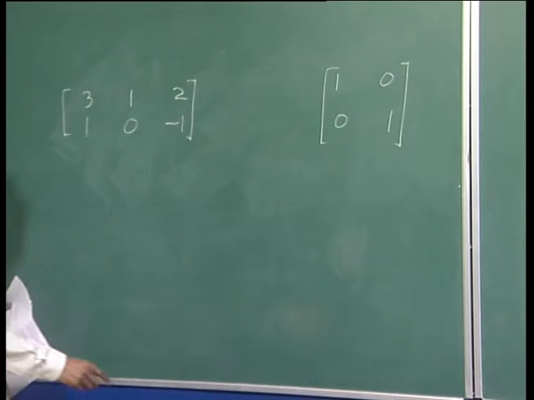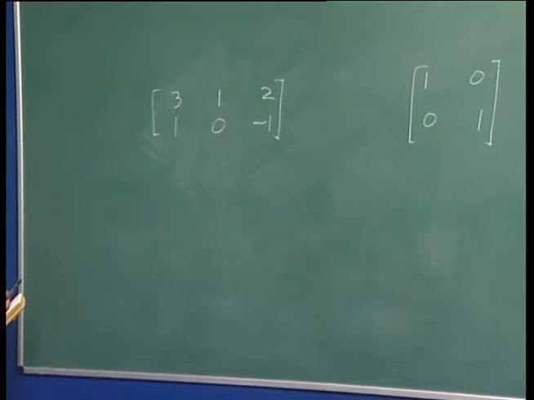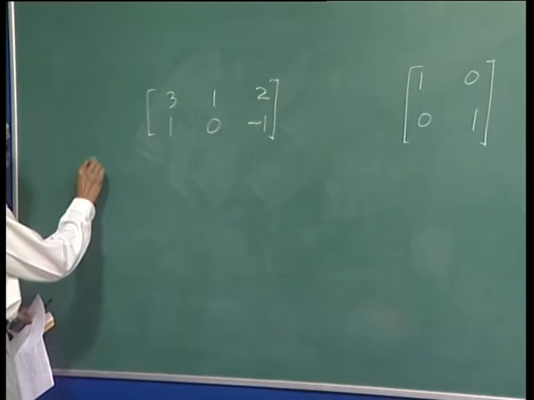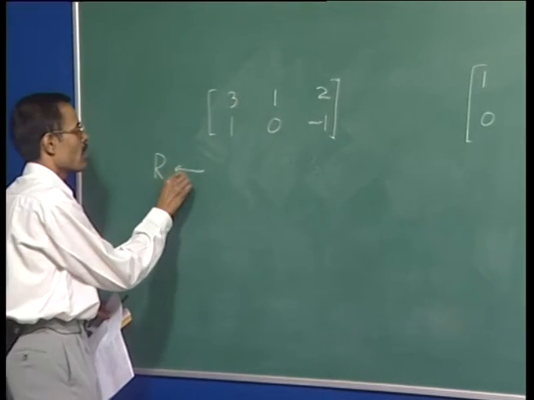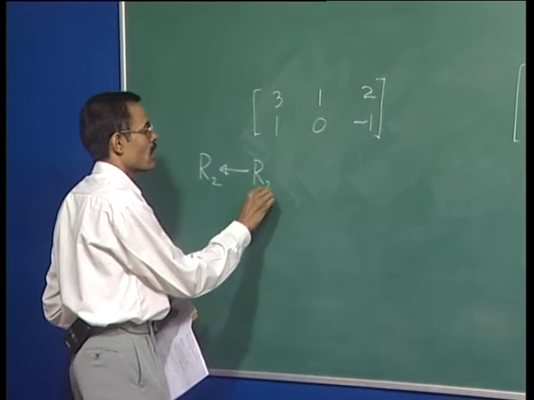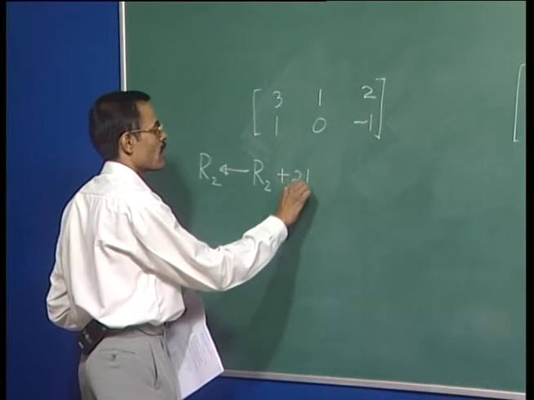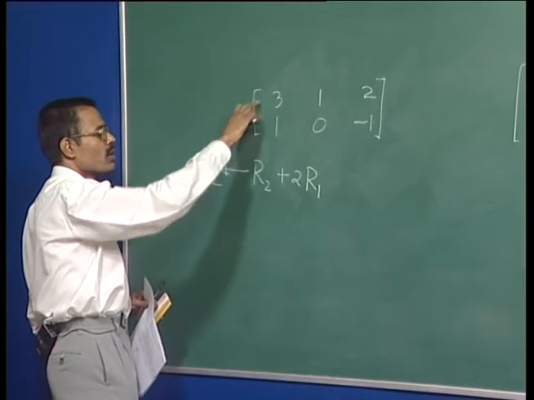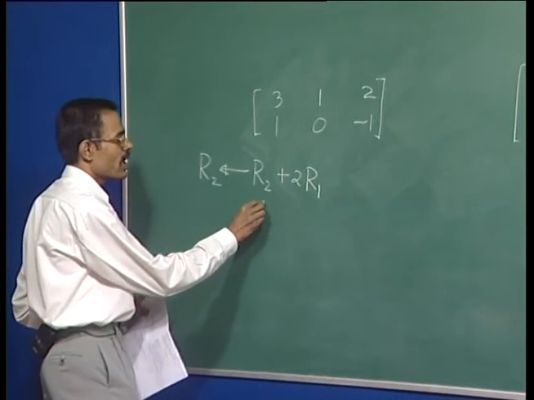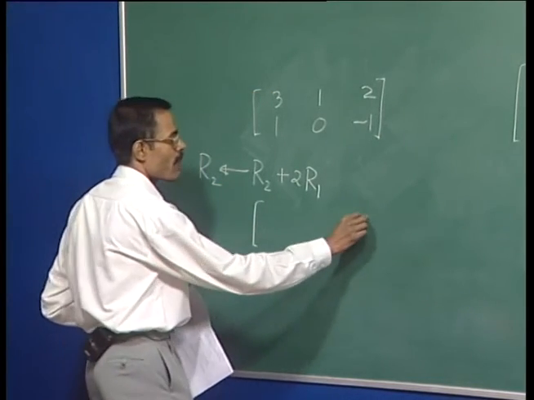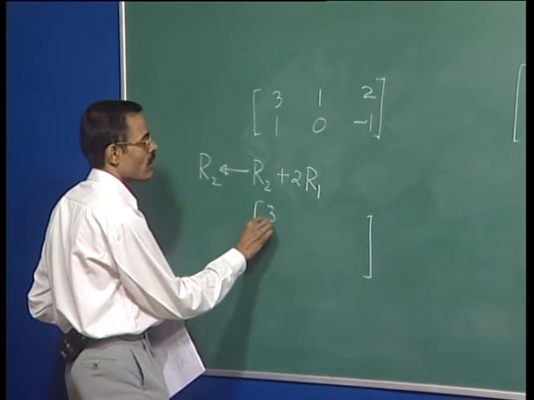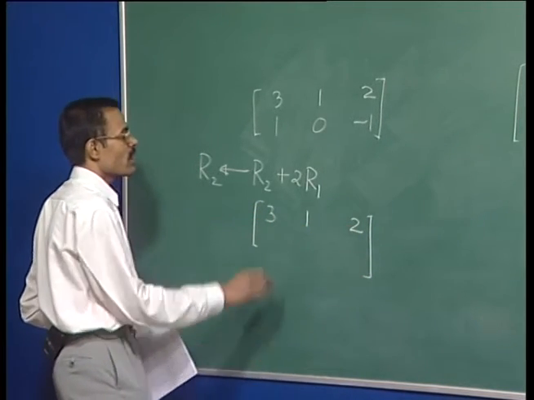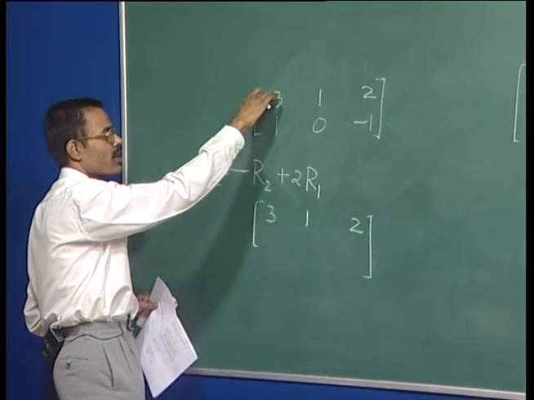Suppose the elementary row transformation that we decide to apply is this: add 2 times the first row to the second row. If we do that, then what we get here? First row remains unchanged, the second row gets twice the first row added to it.